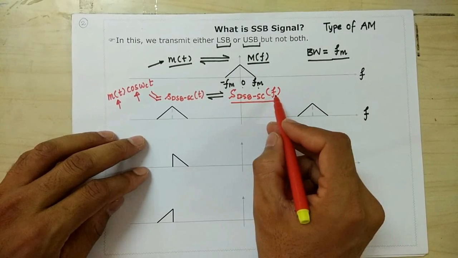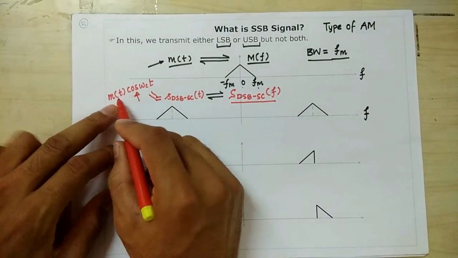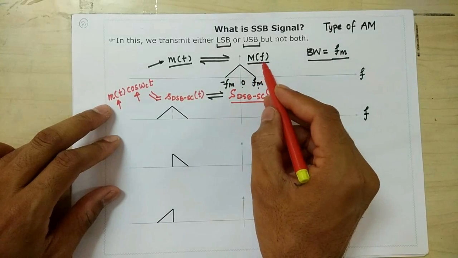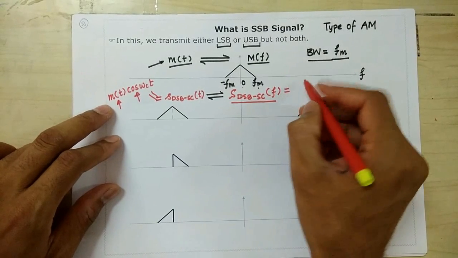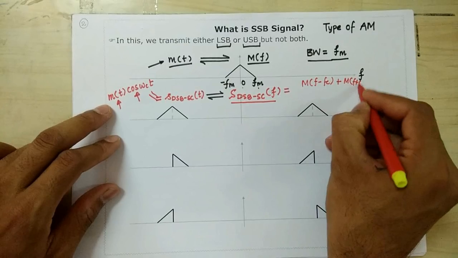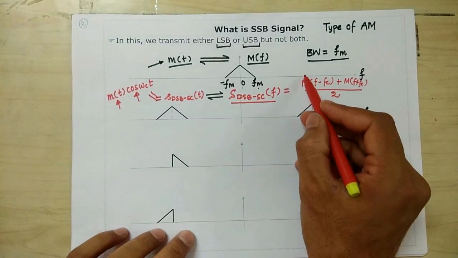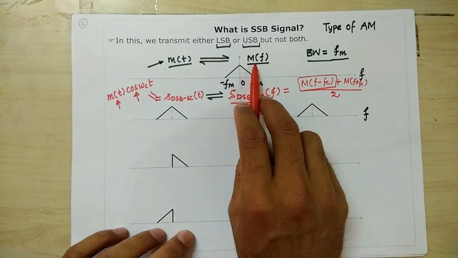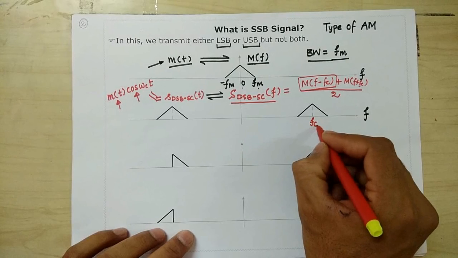To find DSB-SC in the frequency domain, we just have to take the Fourier transform of this signal, and we know from the modulation property of Fourier transform, if m(t) has the Fourier transform M(f), then m(t) cos(ωct) will have the Fourier transform [M(f − fc) + M(f + fc)]/2. In the first part, M(f − fc), the spectrum is shifted to fc.